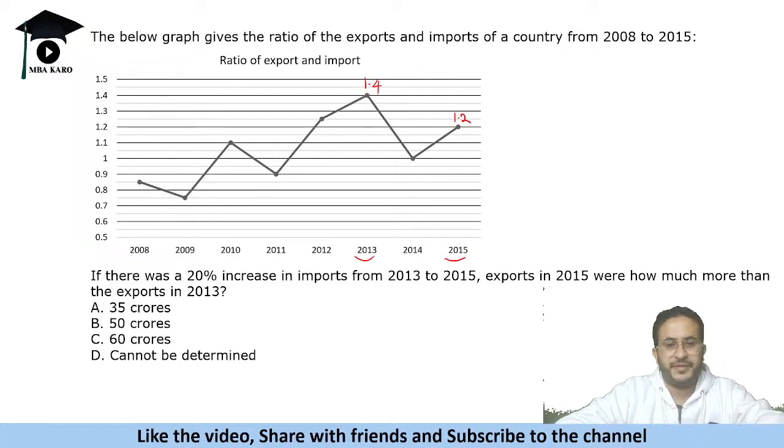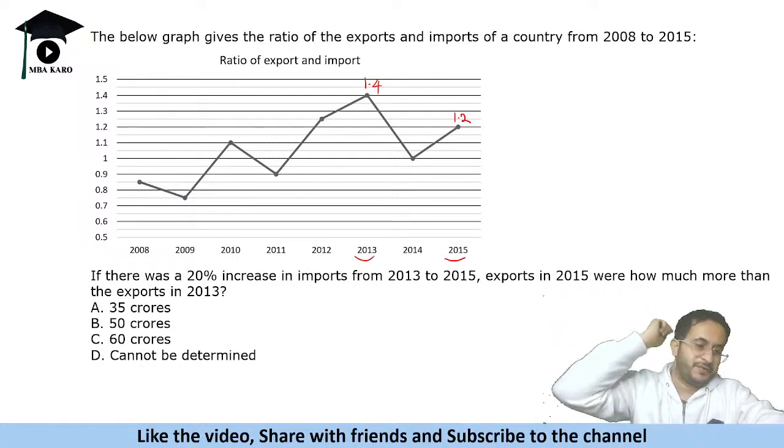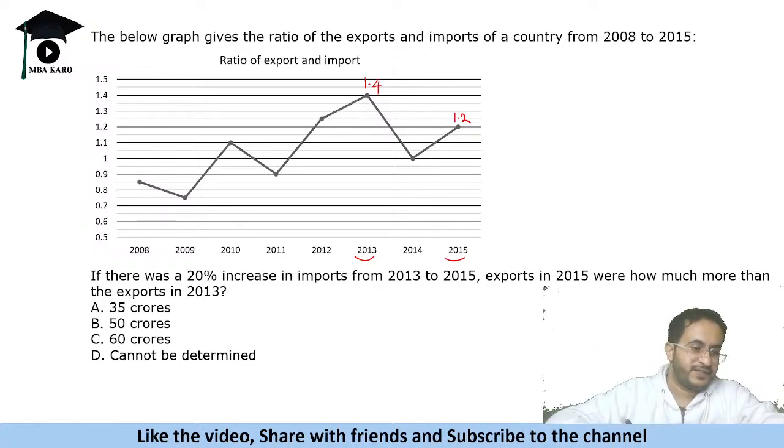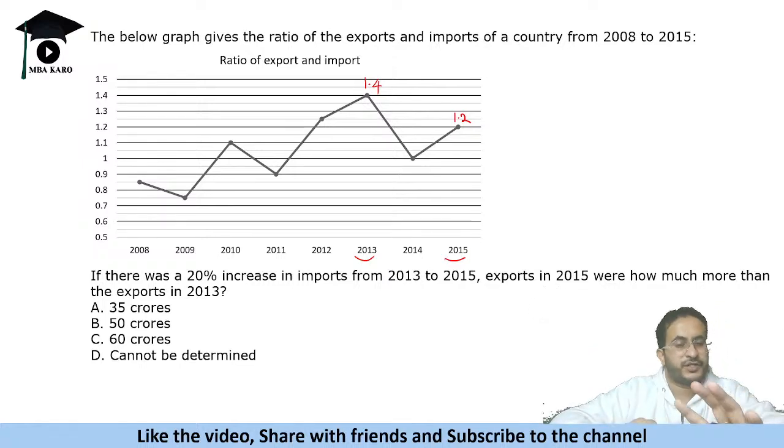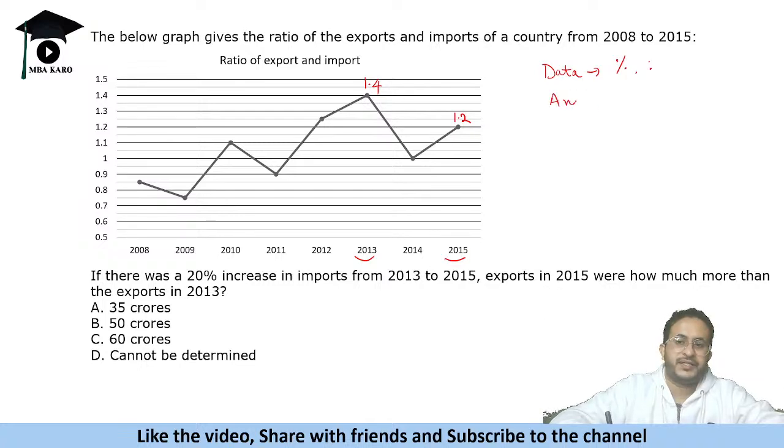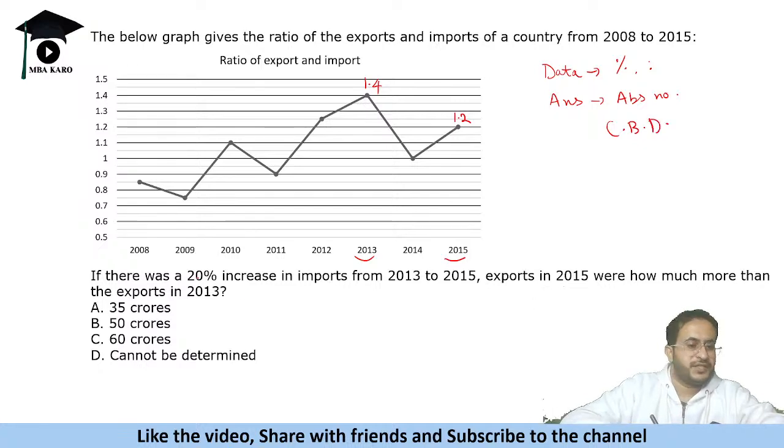And some of you might be calculating these values. Remember one thing: if in a graph or in a quant question, data is in the form of percentage, ratio, etc., and the answer is asking about some absolute number, then the answer cannot be determined. It is percentage increase, this is also percentage, right?